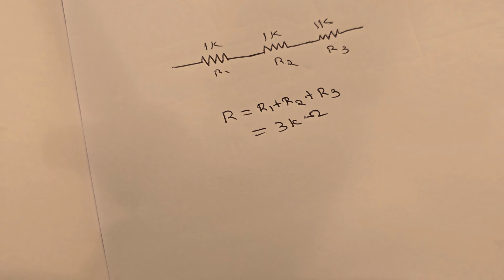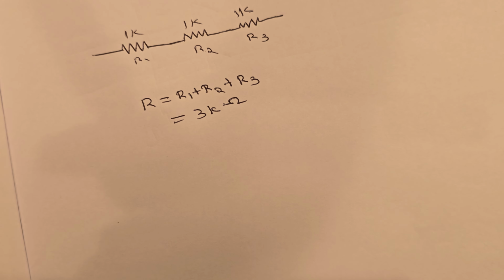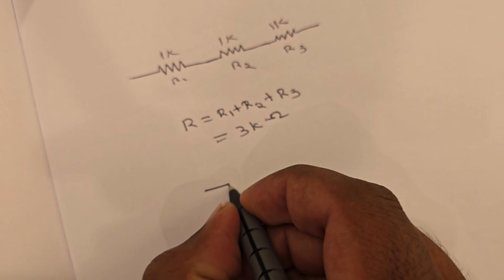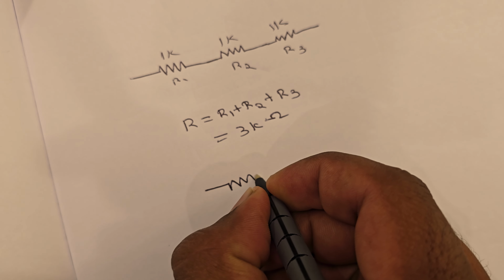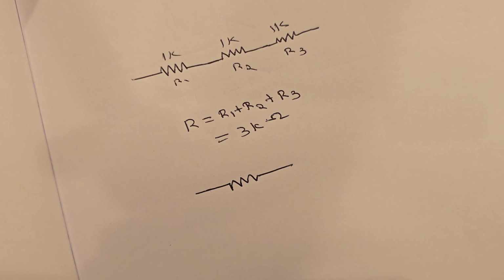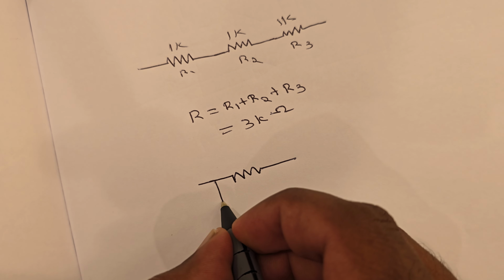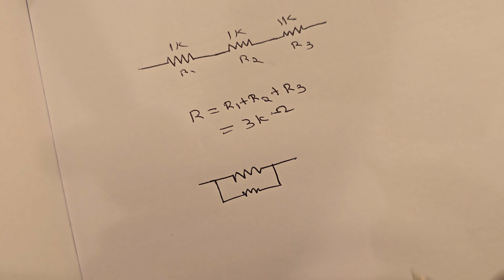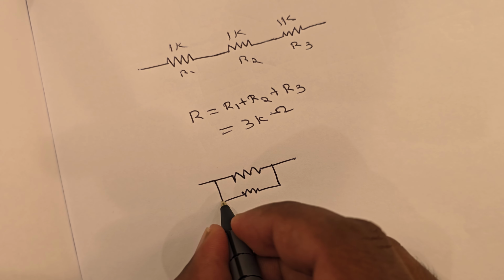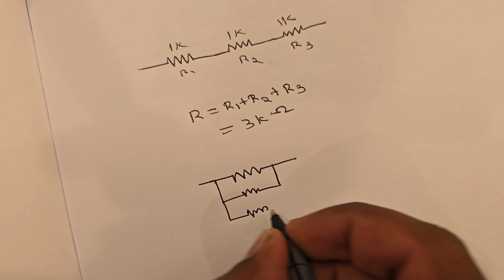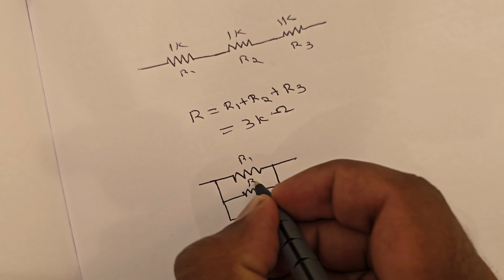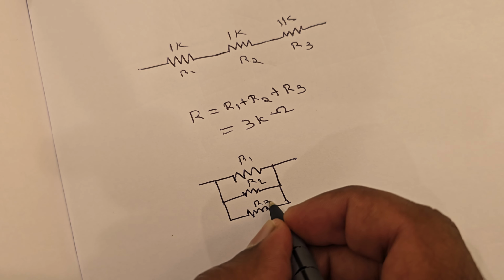And if we connect resistors in parallel, see, this is the first resistor. I'm connecting another resistor to that in parallel, like that. Then I connect one more resistor in parallel to that. So this is R1, R2, R3.